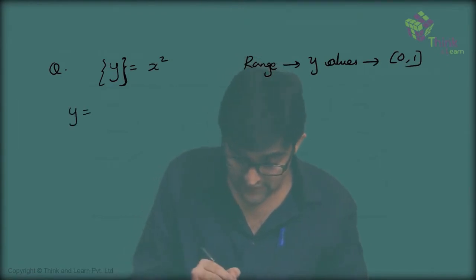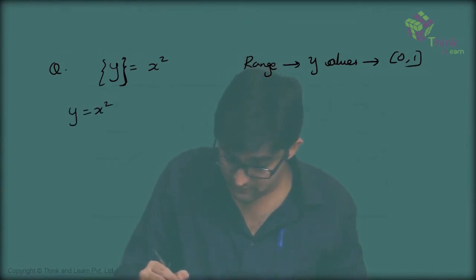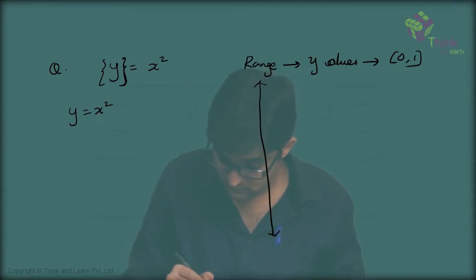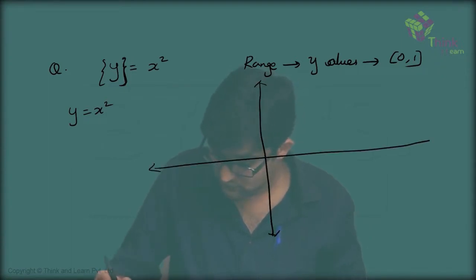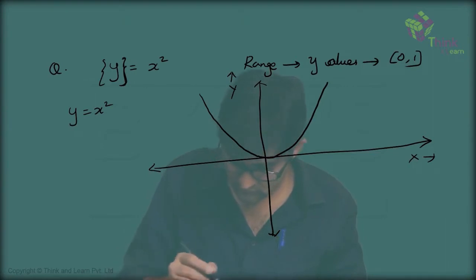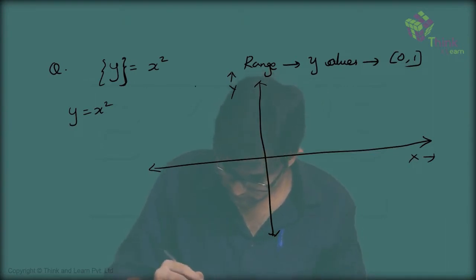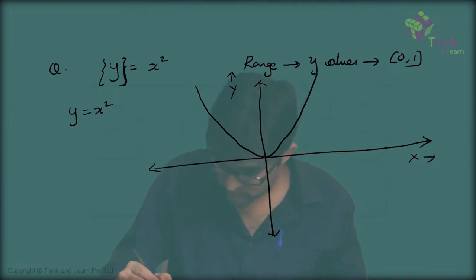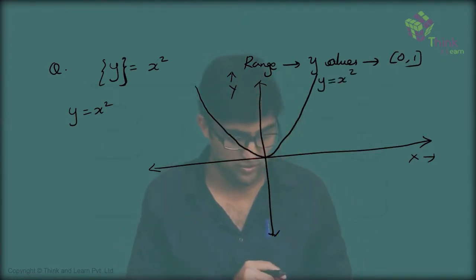So start with y is equal to x square. This is y is equal to x square.